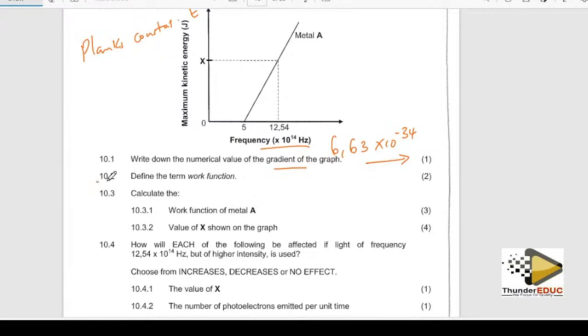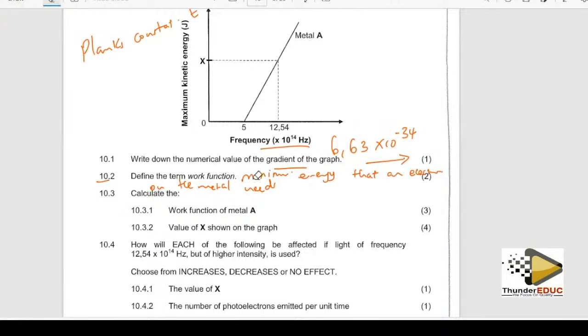Then 10.2, they want us to define what work function is. Work function is basically the minimum energy that an electron in the metal needs, or the minimum energy needed for an electron to be moved off its surface.